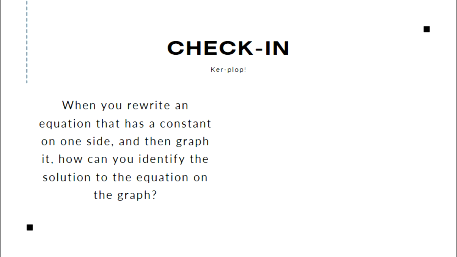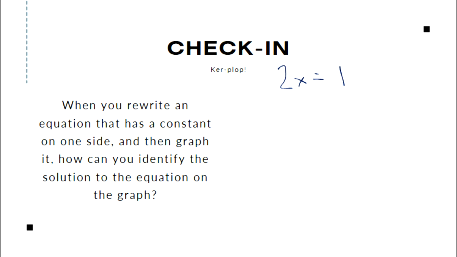Check in, when you rewrite an equation that has a constant on one side. So if you have, like, y, sorry, I shouldn't use letters. We'll use real numbers. If I have 2x equals 1, okay, if we have a formula like that, and so it has this constant on one side, and then graph it.